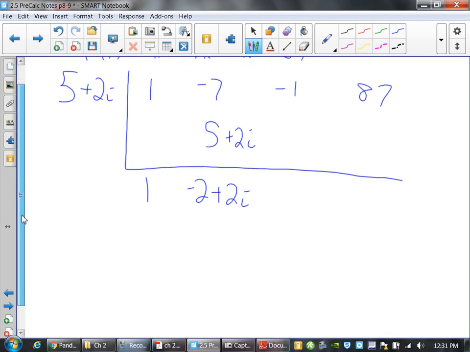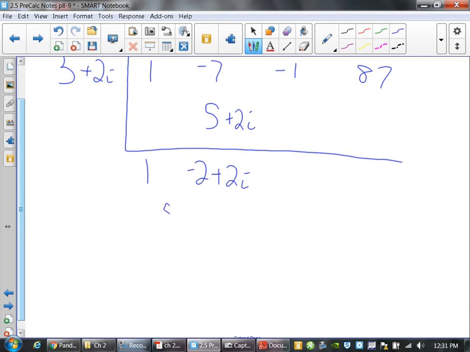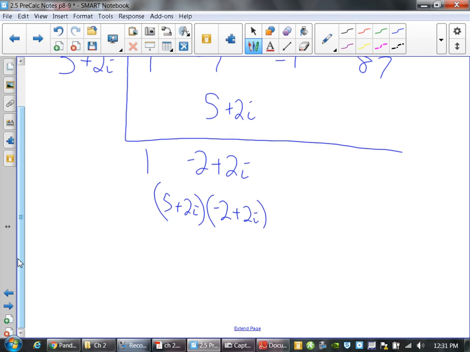So when I distribute that out, I'm gonna get 5 plus 2i times negative 2 plus 2i. I get negative 10 plus 10i minus 4i, so it's plus 6i. And then it's plus 4i squared, which is minus 4, so this becomes negative 14 plus 6i.